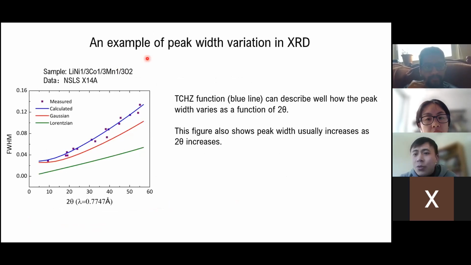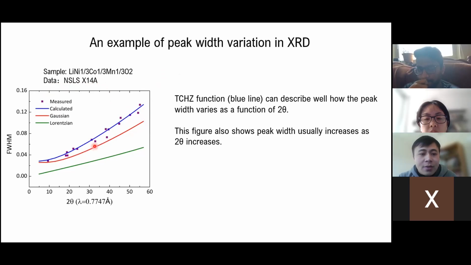And here I'm showing a typical profile function variation, especially how the width varies as a function of 2 theta. So this sample is AMC, and the data was taken 7 or 8 years ago at Lysos-1, a powder X-ray diffraction beamline.